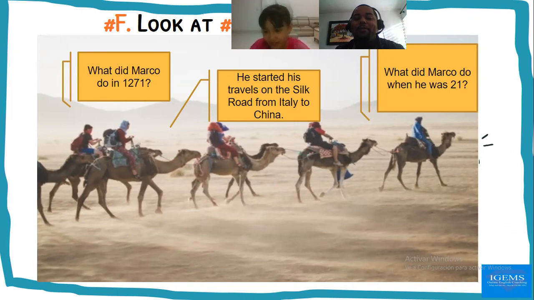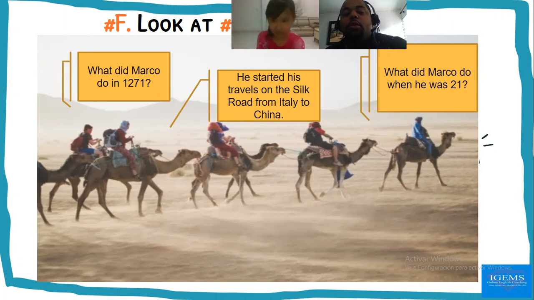There were no airplanes to do this long trip. Maybe he could have done it in less time, but technology was not as sophisticated as now. He traveled in a boat.